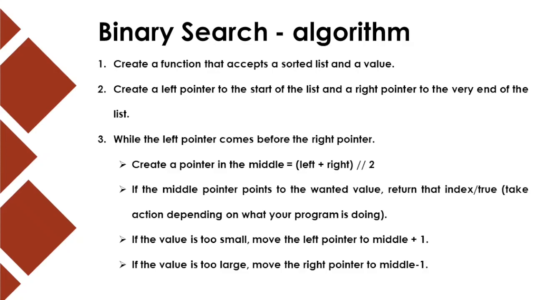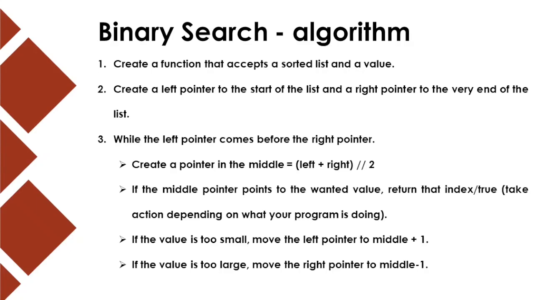If this middle pointer points to the wanted value, we return that index, or return true, or any truthy value, or really take action depending on what our program is trying to do. If the value being pointed to by the mid pointer is too small, we move the left pointer to mid + 1. If the value is too large, we move the right pointer to mid - 1.